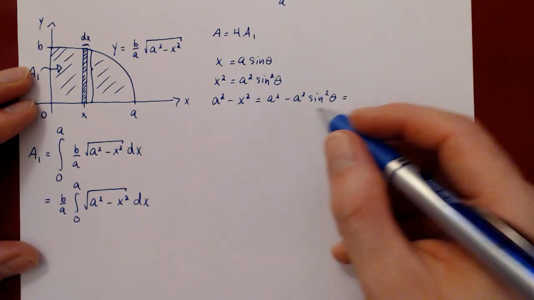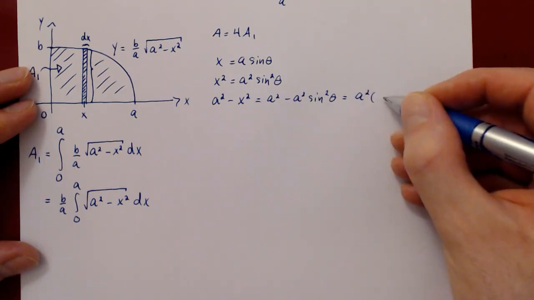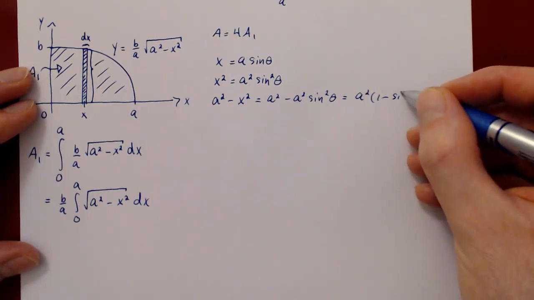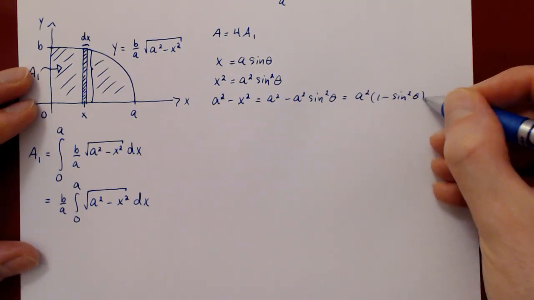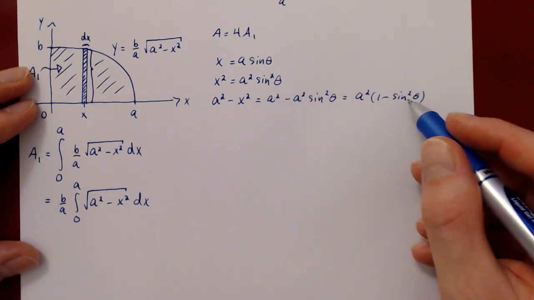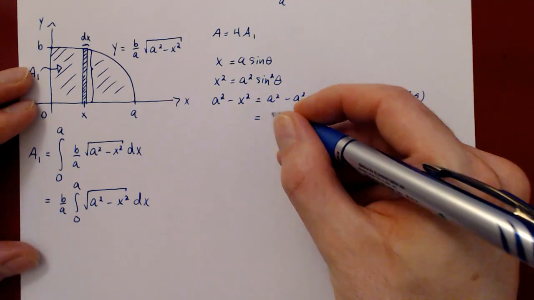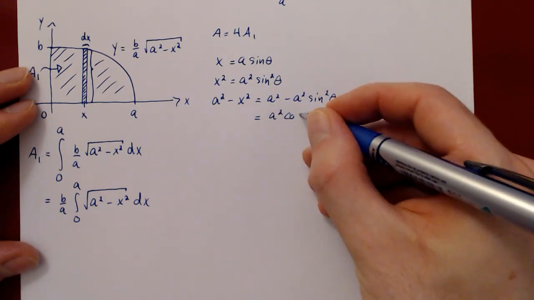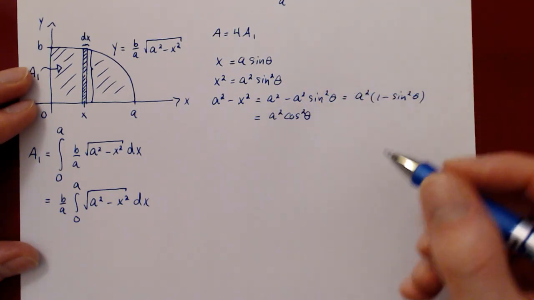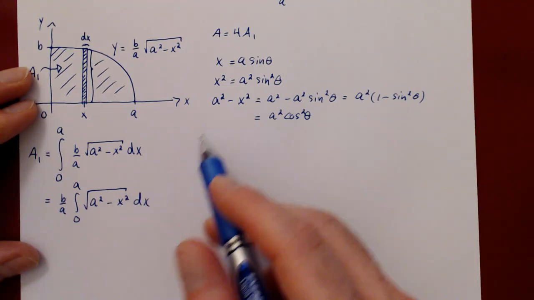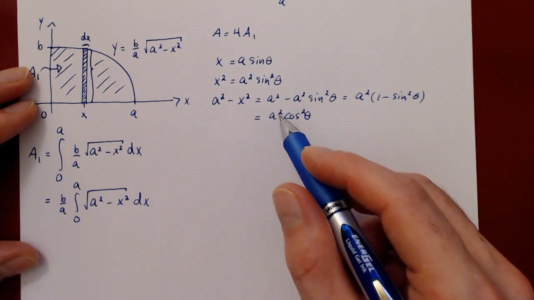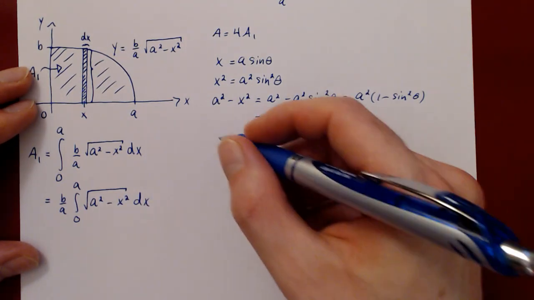We can factor a squared, and we have 1 minus sine squared. And of course, 1 minus sine squared is cos squared. So we can take the square root of this term, and we will be left with a cos theta.